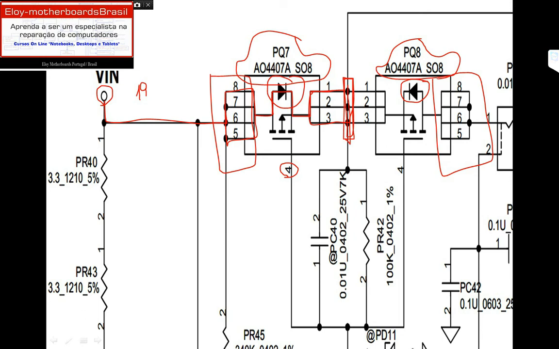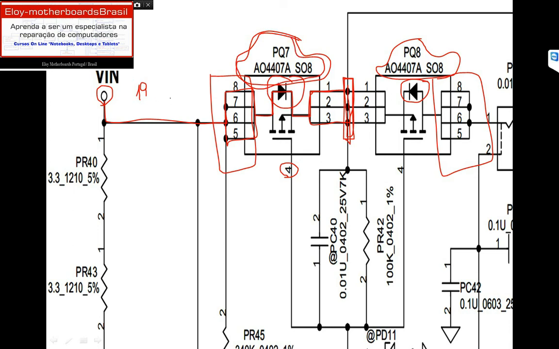One specific characteristic of these transistors connected as a diode is that they are always in the saturation region. As we can see here, this PQ7 is always saturated, always functioning.